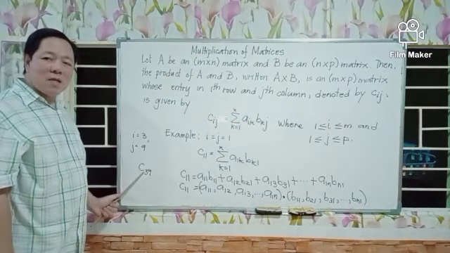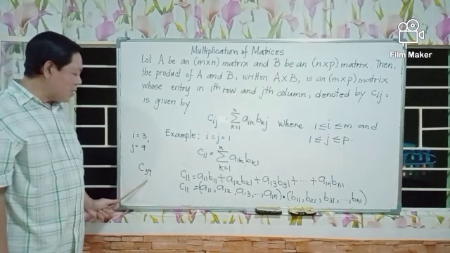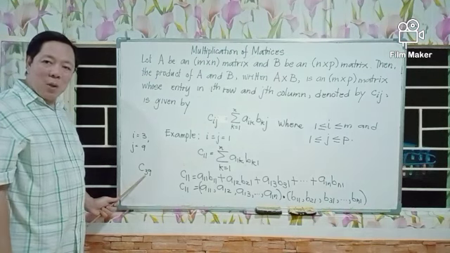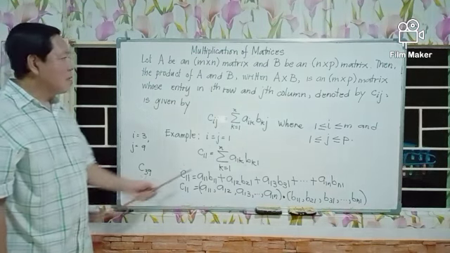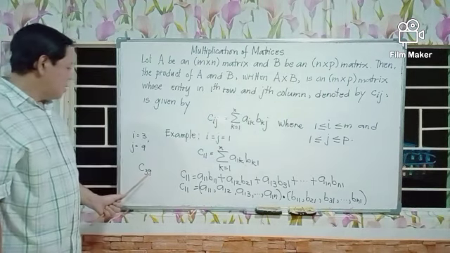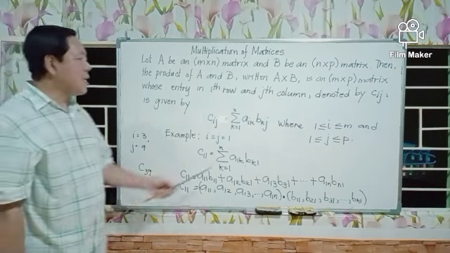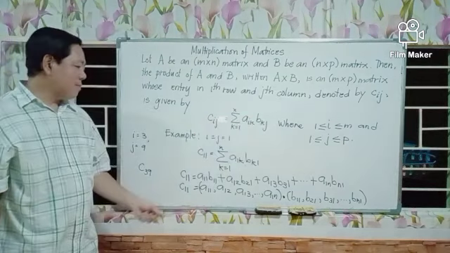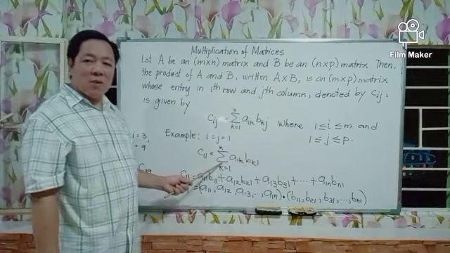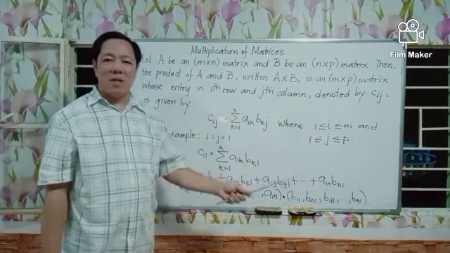And this entry is obtained by multiplying the entries of the third row of matrix A, the first matrix, by the entries in the ninth column of matrix B, and adding, because we have summation, adding the products.